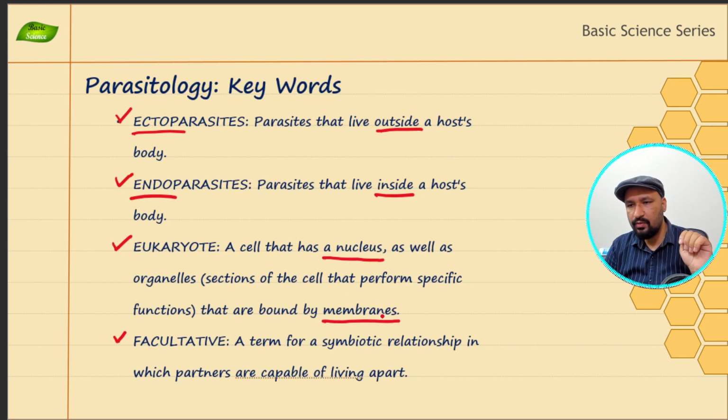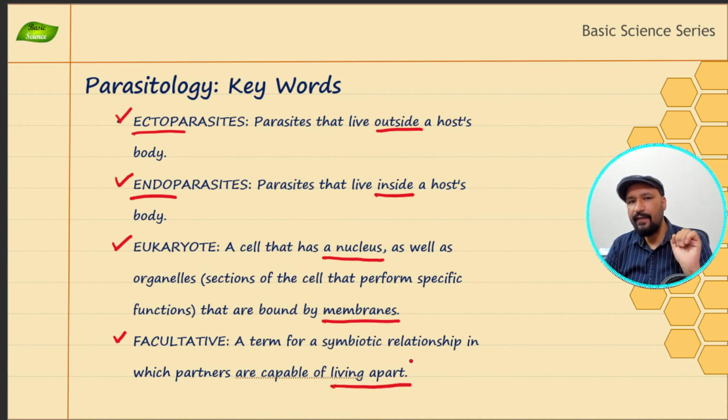Now I'm trying to mark the keywords here. Next is facultative. There are two terms, obligate and facultative. You can use these terms based on various things, but in general, facultative is a term for a symbiotic relationship in which partners are capable of living apart. This is a generalized feature.